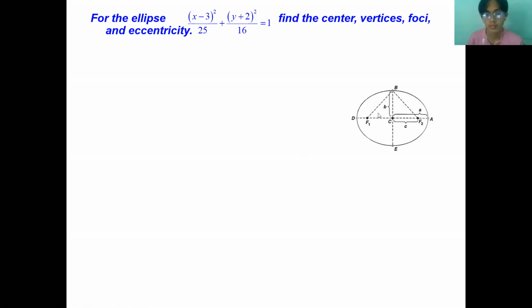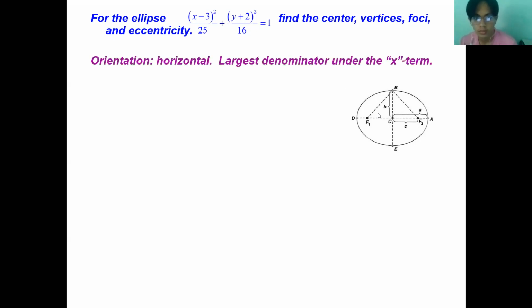So therefore, this is the value of your A squared, 25. And it is in the denominator of X. So therefore, our graph is a horizontal graph. So the orientation tells us that our graph is horizontal because of that one. It's pointing to the X, the 25. So let's continue. How about this one?